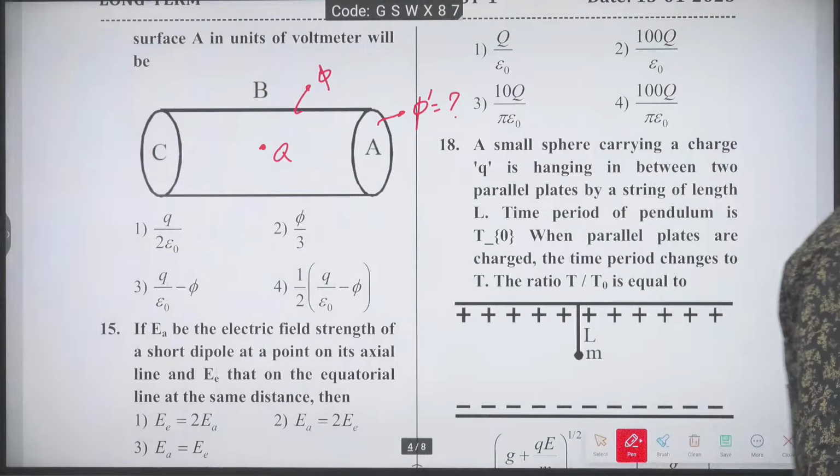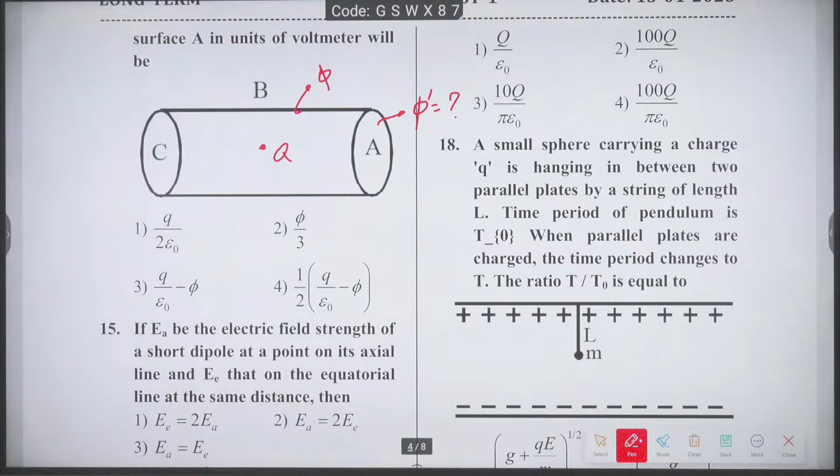I think this is a PYQ, right? Fourth option.